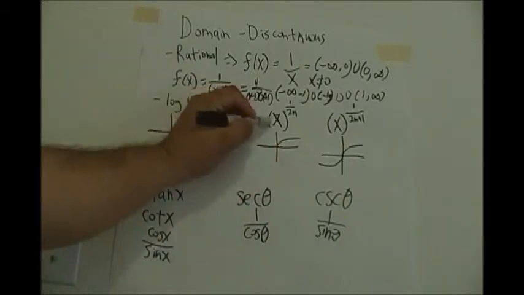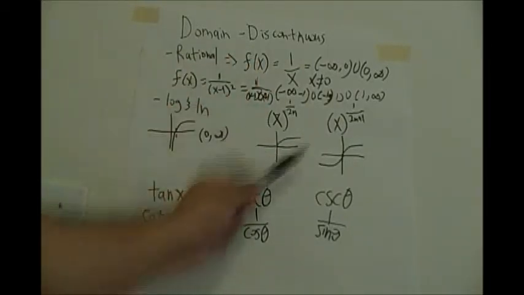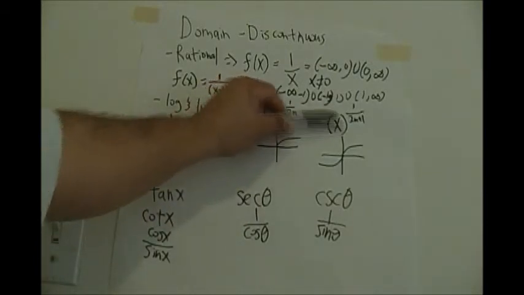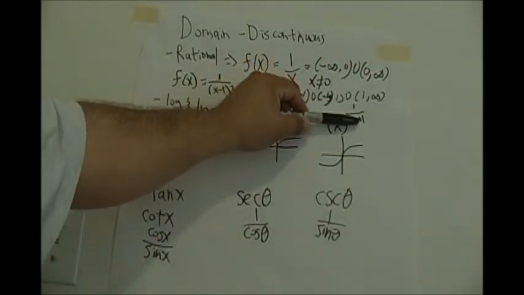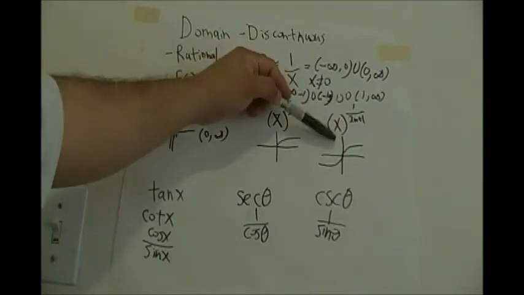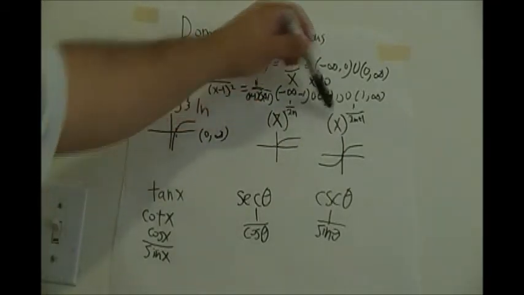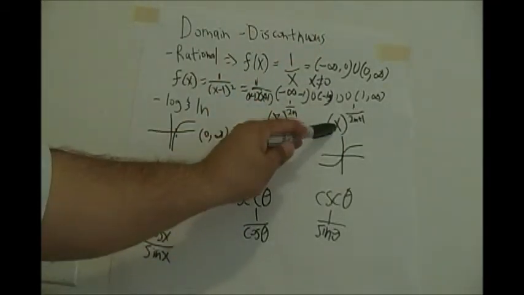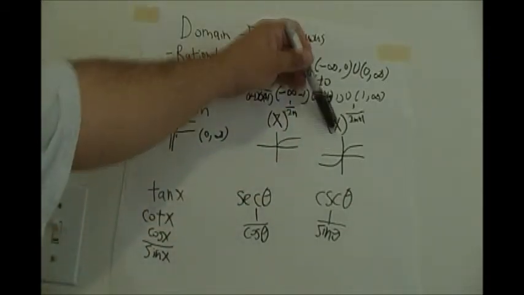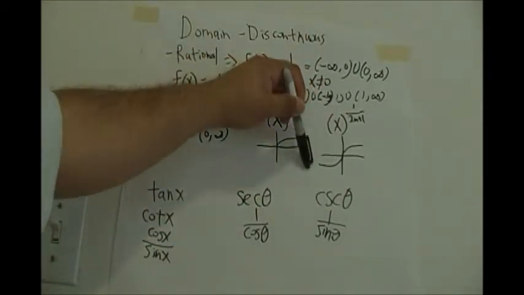But remember, you cannot plug in a negative number in here or else it would be imaginary. However, if you have a cube root, which is x to the 1 over 2n plus 1, that one is actually going to be a continuous function because you can have a negative number. If you plug in a negative number for x, you get back a negative number.